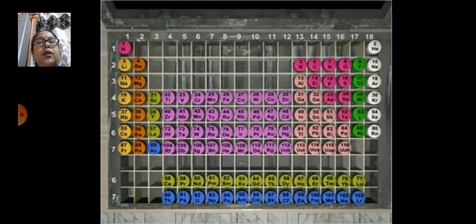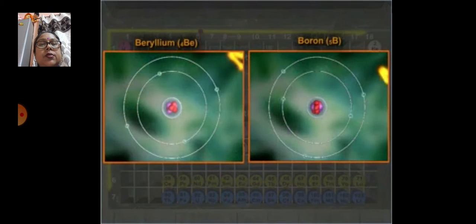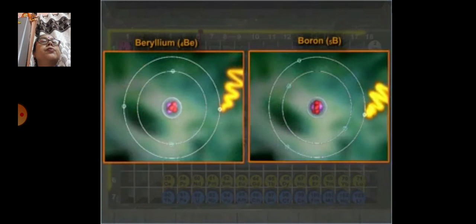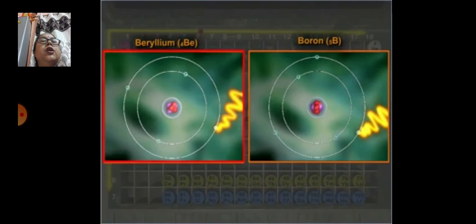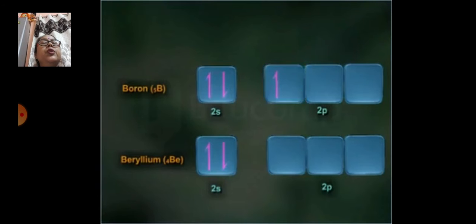These are the regular variations, but certain exceptions have been observed. For example, removal of a valence electron from beryllium is more difficult than removal of a 2p electron from boron.